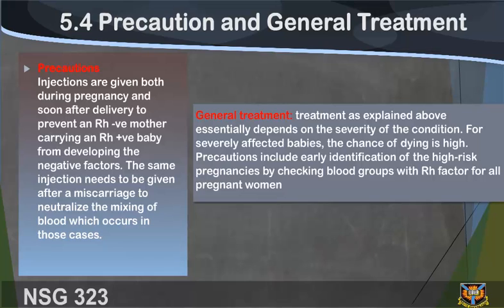General treatment: treatment, as explained above, essentially depends on the severity of the condition. For severely affected babies, the chance of dying is high. Precautions include early identification of the high-risk pregnancies by checking blood groups with Rh factor for all pregnant women.